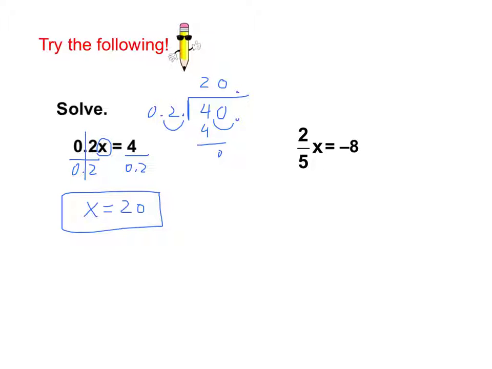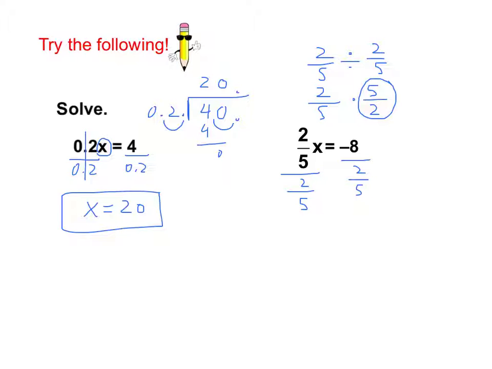For my next problem, this is still multiplication, so I'm going to go ahead and divide by 2/5, sorry. This looks a little weird. But keep in mind, when we're dividing by fractions, if I had something divided by 2/5, this is really multiplying by the reciprocal, because I keep it, I flip it, and I multiply. So I'm really multiplying by 5 over 2.